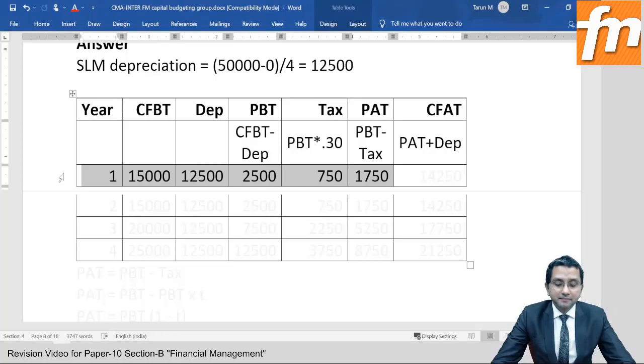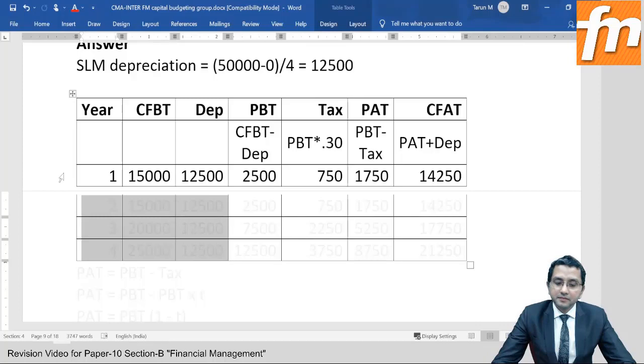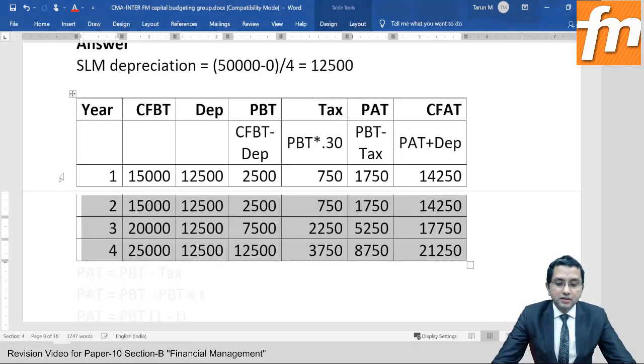Not 750, depreciation is 12,500. So 1,750 plus 12,500 is 14,250. Right. Now, exactly in the same manner, calculation for the rest of the years can be done.